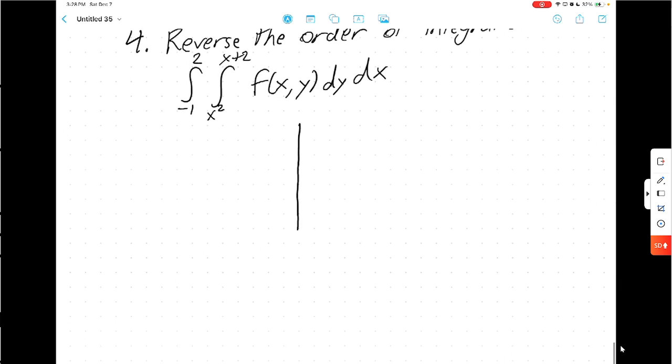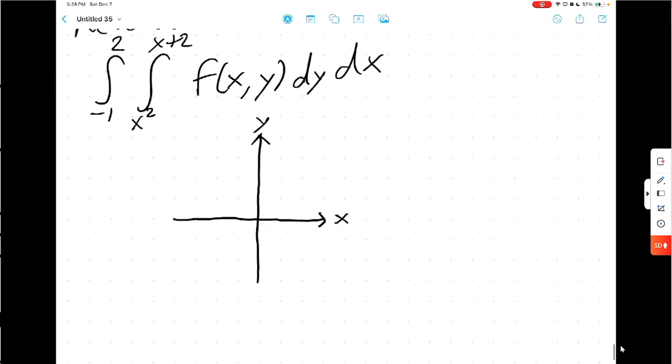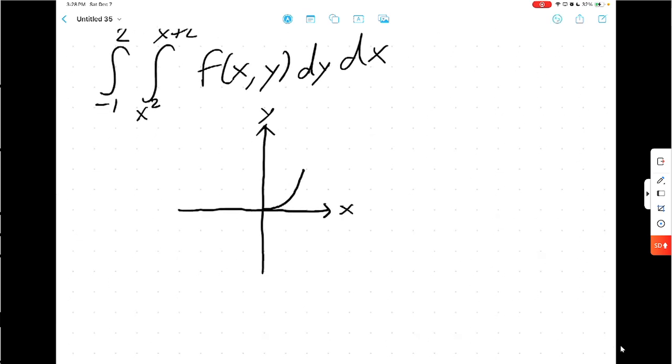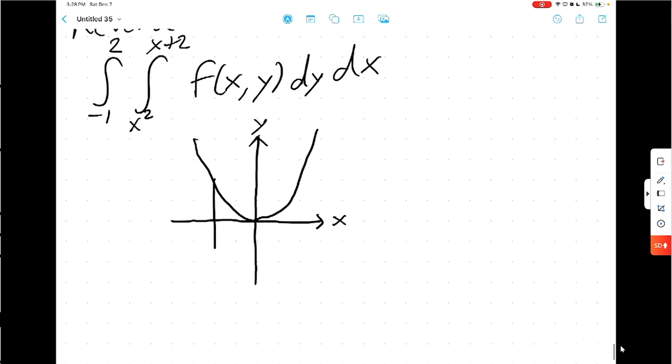So first we're going to just sketch this. So first we have y equals x squared and also x plus 2. So y equals x squared, we'll do something like this. And a similar thing on the negative side. And then x goes from -1 all the way up to 2.